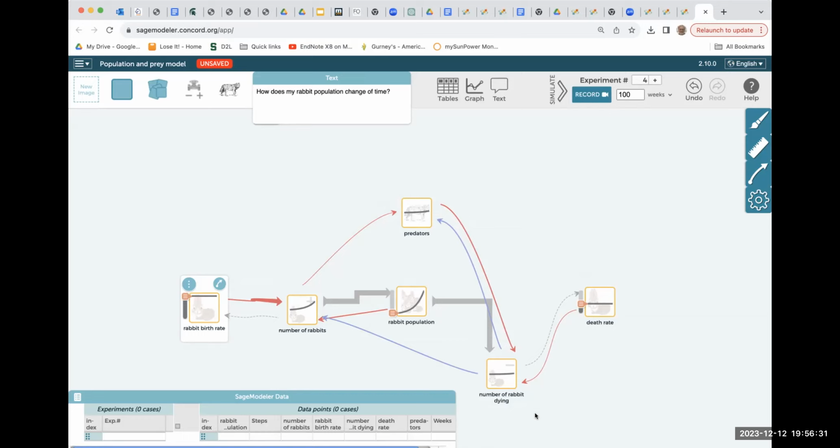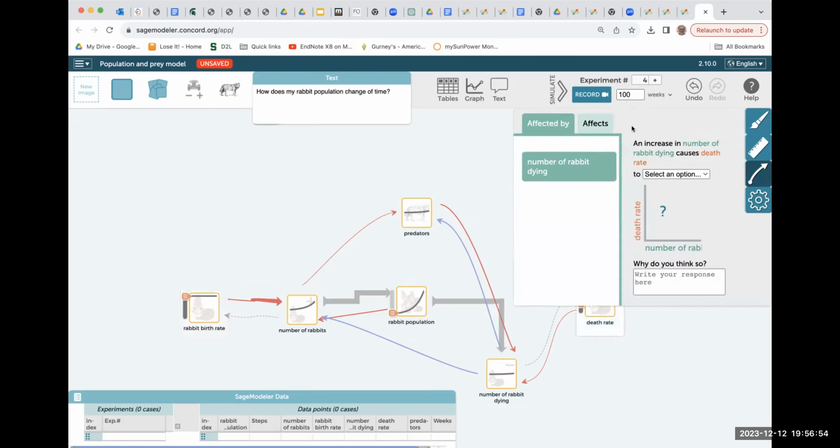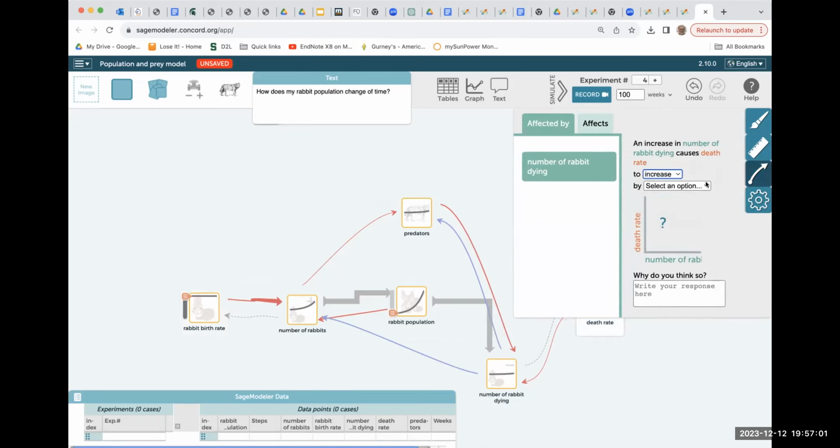Anyways, I hope you picked up a little bit more about building dynamic models and the idea that there are flows, and that one of the most important aspects of a dynamic model is that it does have feedback. So I could, for instance, say an increase in the number of rabbits dying causes the death rate to increase, about the same.